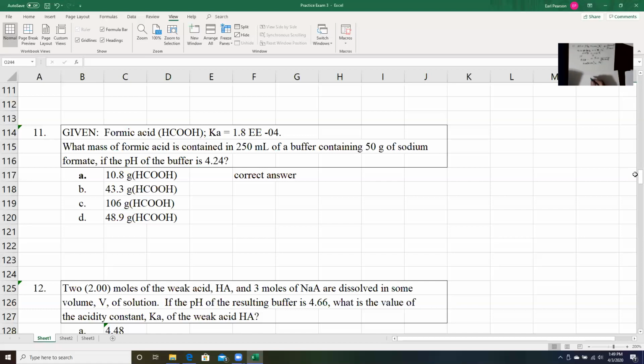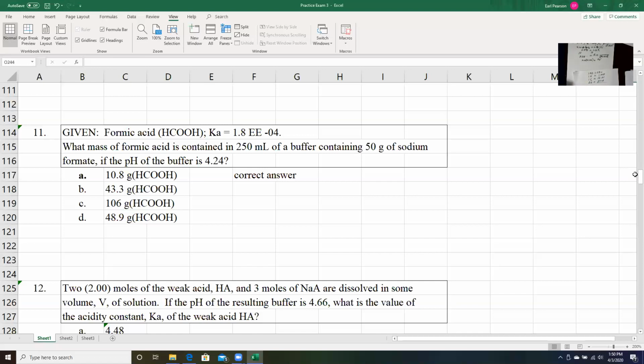So it's going to have one sodium, that's 23. It's going to have one hydrogen, that's 1.008. It's going to have one carbon, that's 12.01. And it's going to have two oxygens, that's 2 times 16.